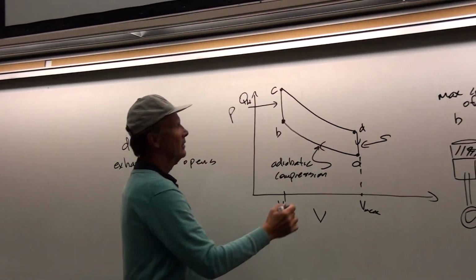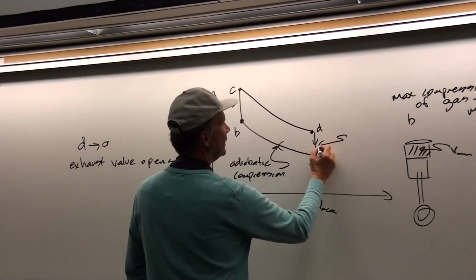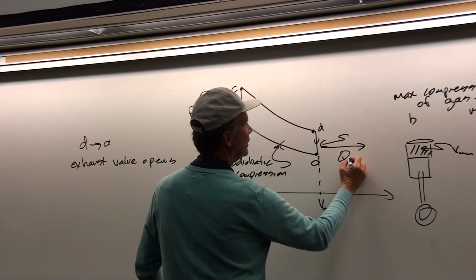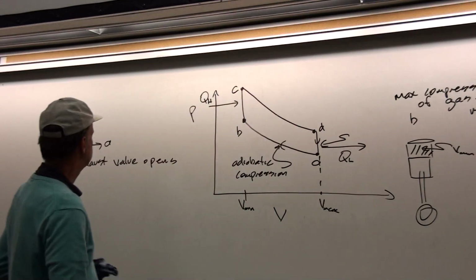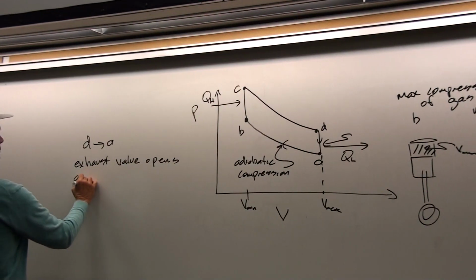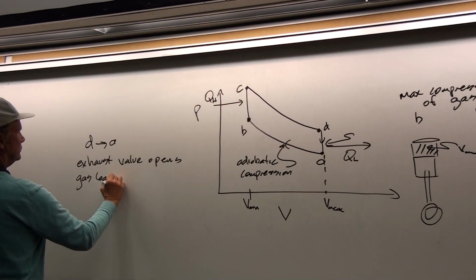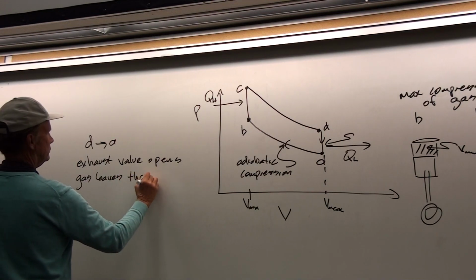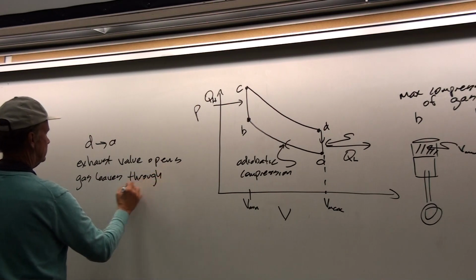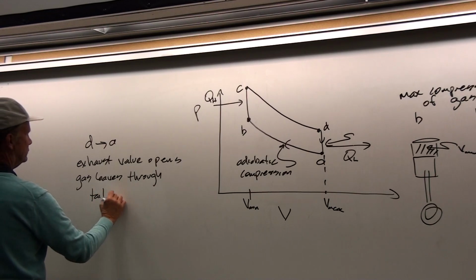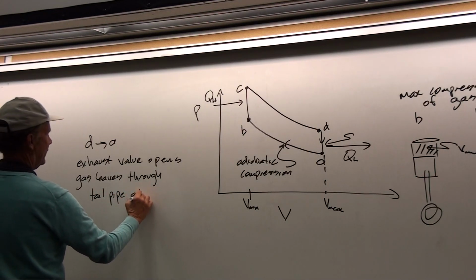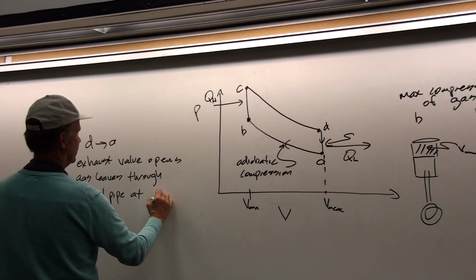At this higher pressure, the gas flows out through the tailpipe at lower temperature.